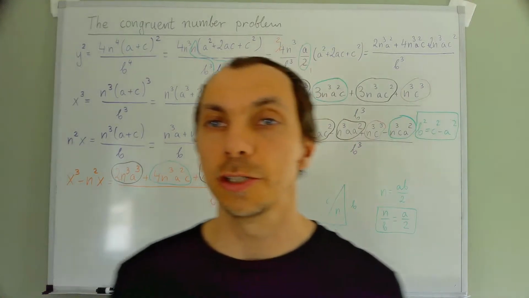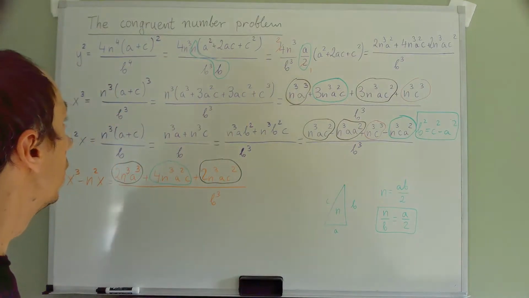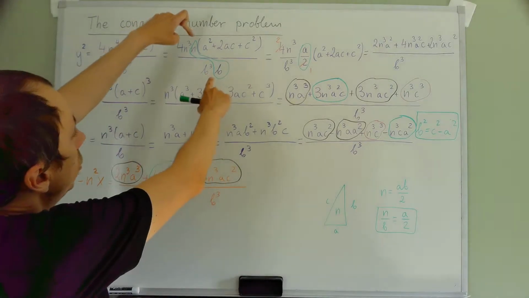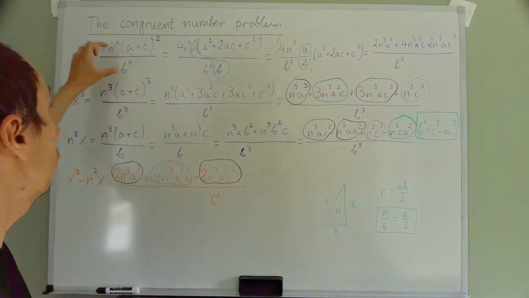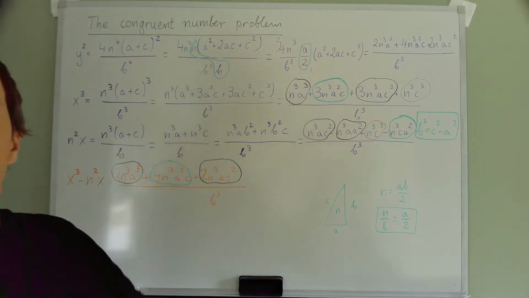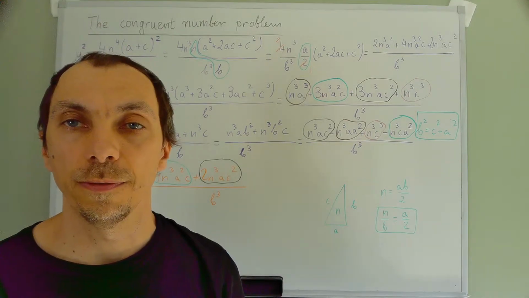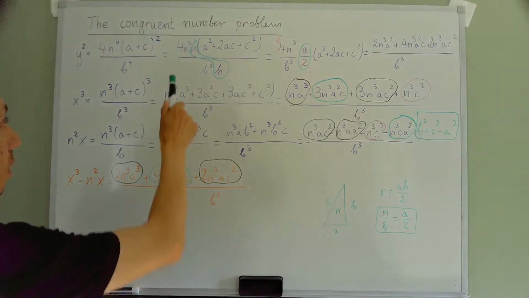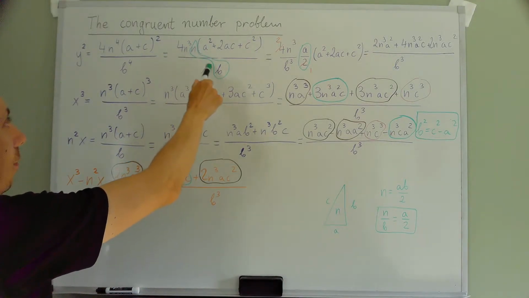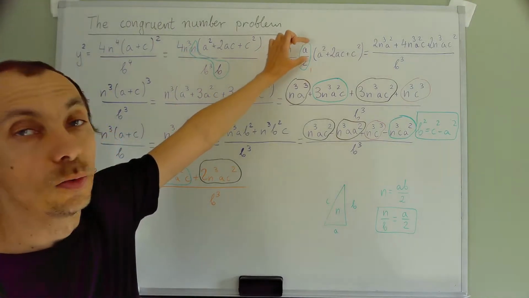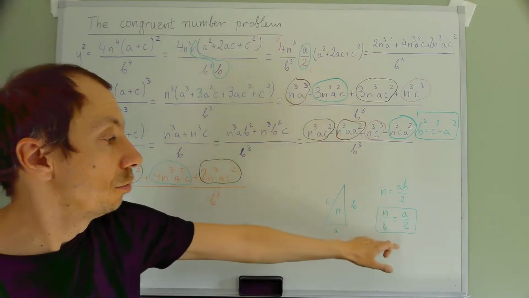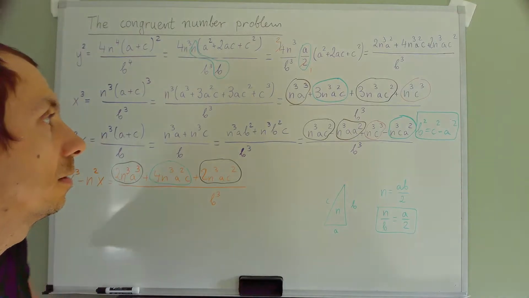Okay, so we have such a relationship. So here I'm going to use this relationship for one copy of n over b. We have 4 copies of n over b, right? It's n to the 4th divided by b to the 4th. But I'm just going to separate n cubed over b cubed, and then I have one n over b left over, and I'll replace this n over b with a over 2 here. So using this relationship right there.